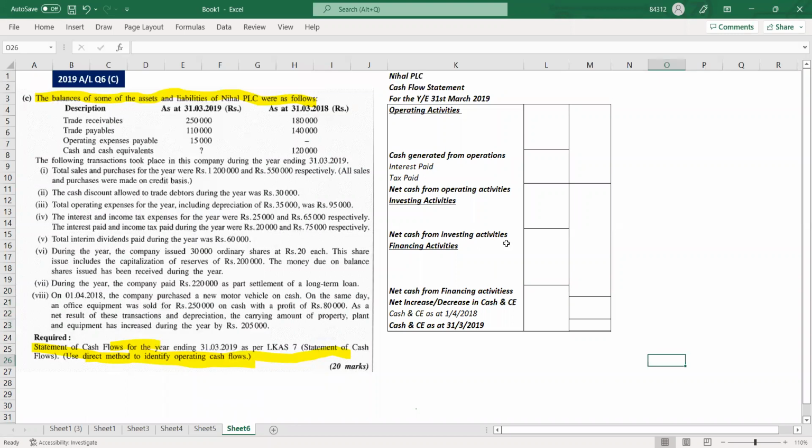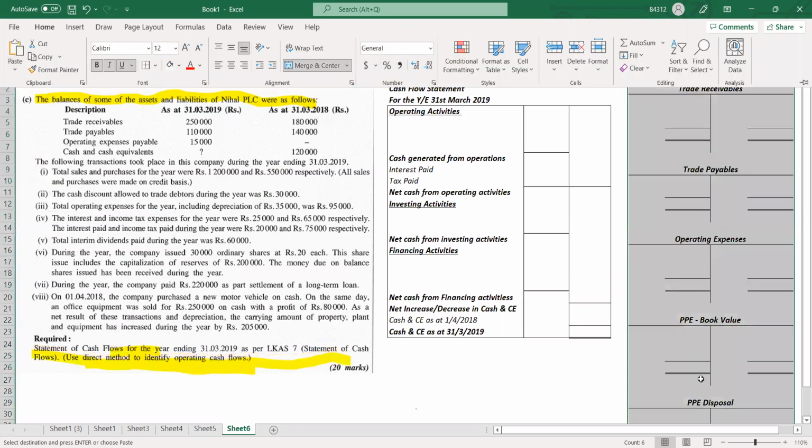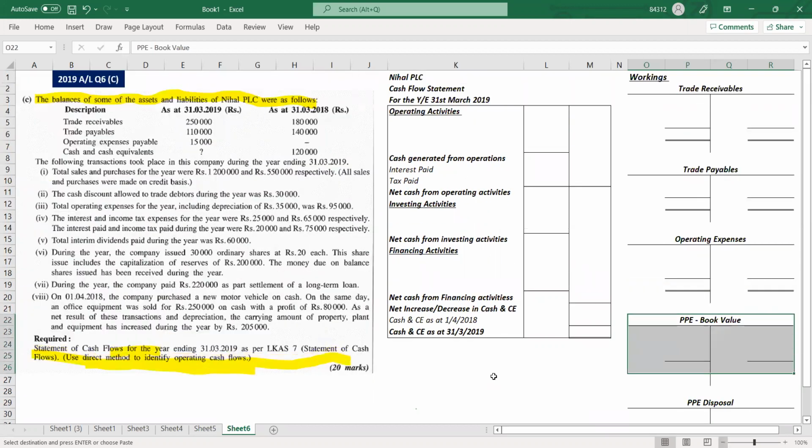Right. Then also do some workings. Since they have given the trade receivables, trade payables, operating expenses, we need those 3 ledger accounts. And the following transactions took place: total purchases, cash discounts, owner shares. The company purchased a motor vehicle on cash, equipment, profit. Okay, there is disposal. So we will draw a PPE book value account and disposal account as well. Okay, can you all do this?